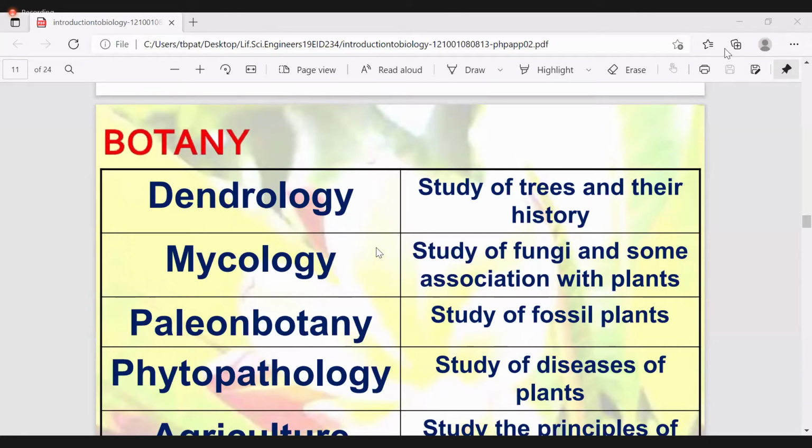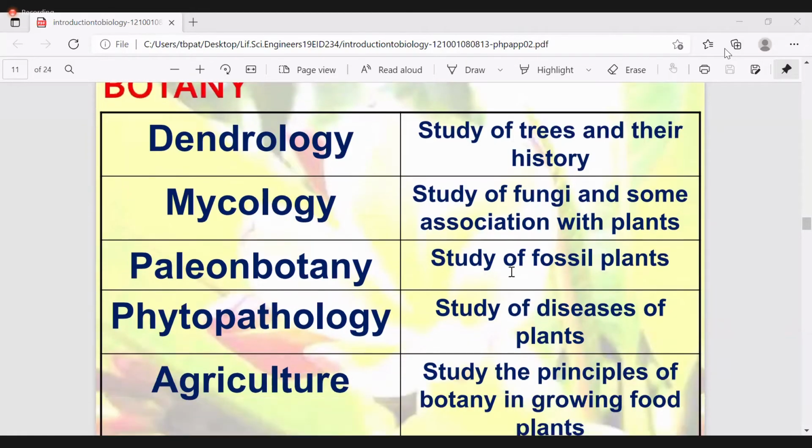Frequently you may identify fungus in our chutneys, and also on wet clothes, in some sticky condition, after days together. The study of fungus is mycology. It can lead to allergy.